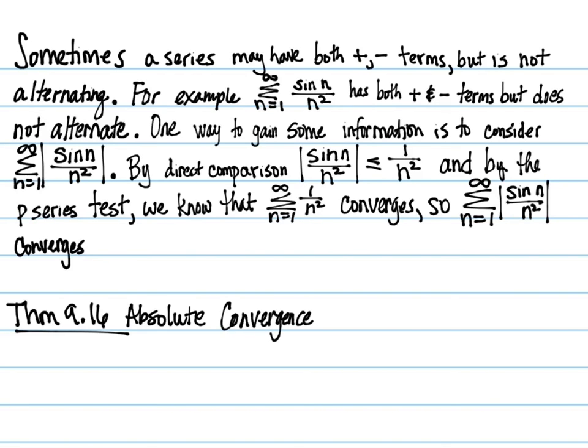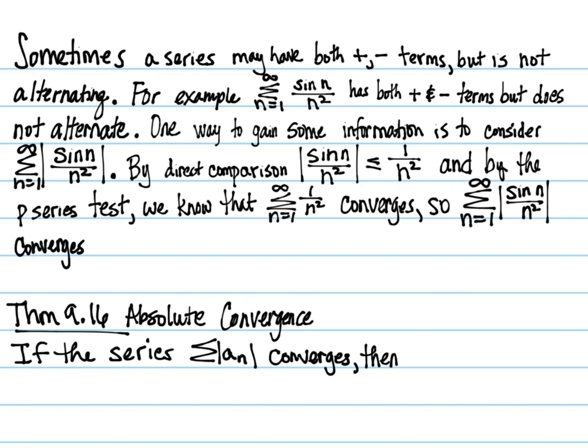And it says the following. If the series the summation of a sub n in absolute values converges, then automatically the summation of a sub n converges.